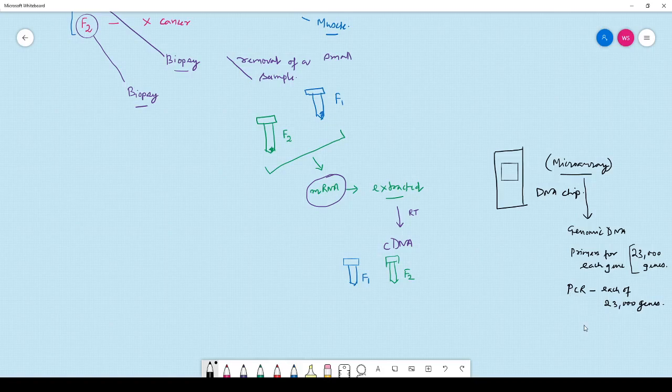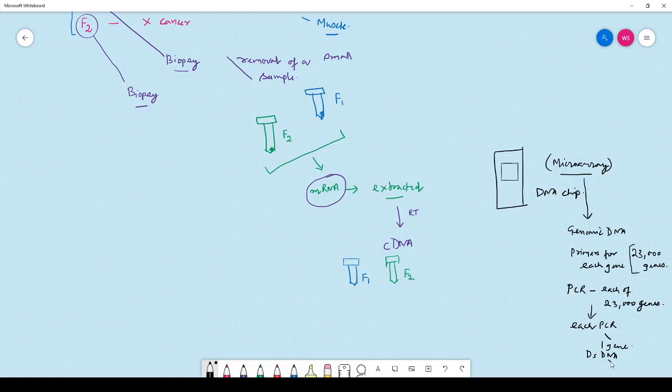So we do 23,000 PCRs. From each PCR we get one gene, meaning we get a double-stranded DNA. Double-stranded DNA for each gene.